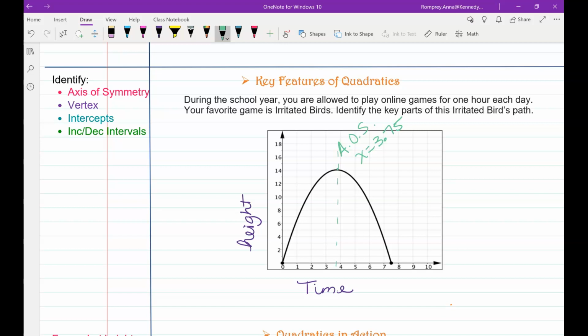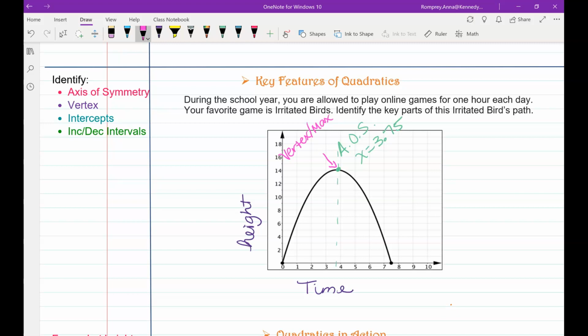All right. So our x-intercepts, vertex. All right, so the vertex is also associated with our axis of symmetry. So our vertex is either the max or the min of our parabola. So in this case, our vertex is our max. It's the highest point of our parabola.